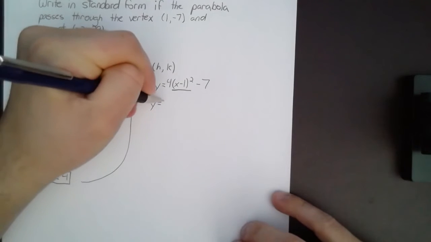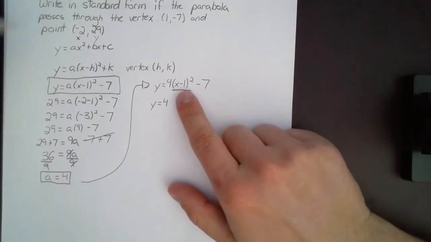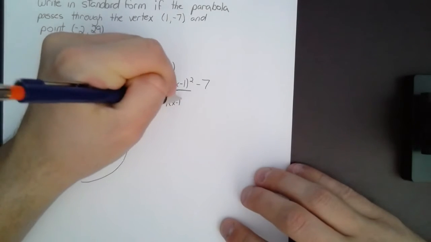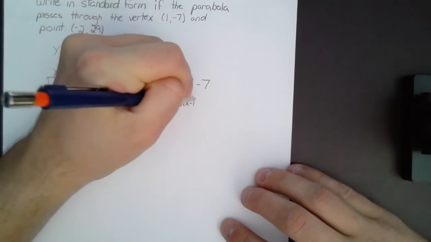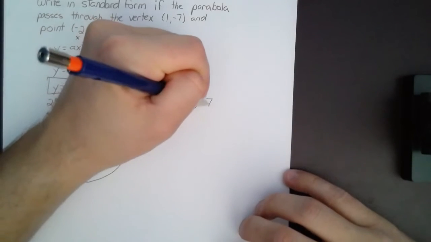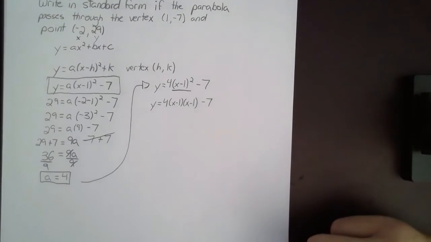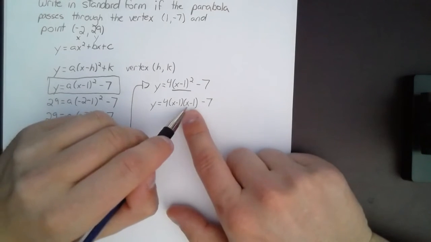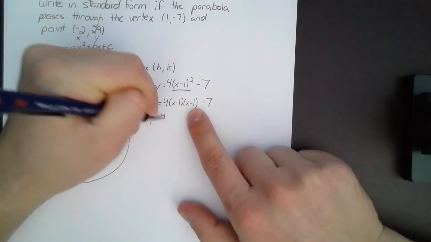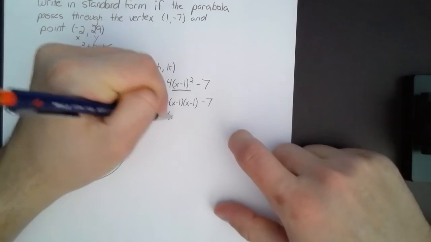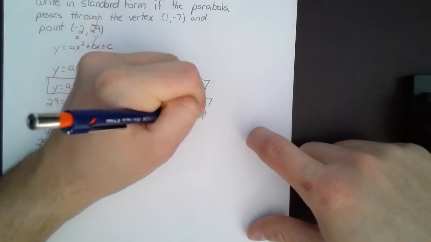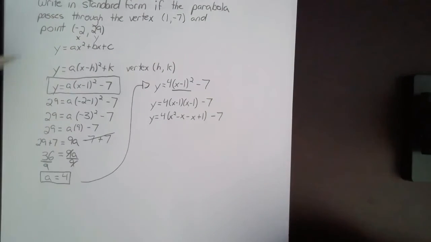So y equals 4, and now this (x minus 1) squared, what that means is literally (x minus 1) times (x minus 1). So I have 2 sets of that, minus 7. Okay, so now I need to FOIL my 2 brackets here. So that'll give me x squared minus x minus x plus 1, minus 7.